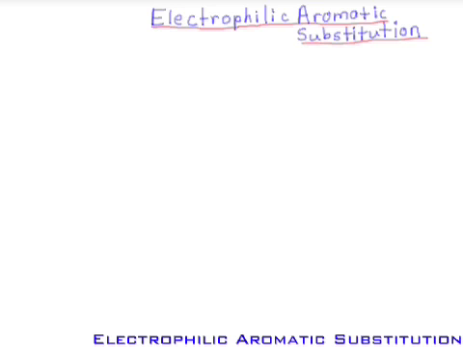Now, in the case of benzene, however, rather than undergoing electrophilic addition, we're going to discover that the typical reaction of aromatics are electrophilic substitution reactions because addition would destroy the aromaticity of the ring.